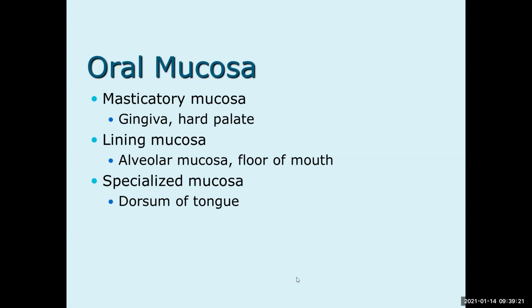Keratinized. Keratinized, thank you. What makes it harder? It's keratinized because it has to withstand the forces of eating, versus the lining mucosa, which is non-keratinized. Also, the gingiva and the hard palate is firmly attached, and the lining mucosa is not. And then we've got the dorsum of the tongue.